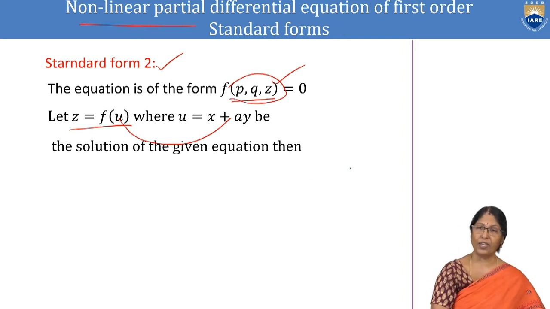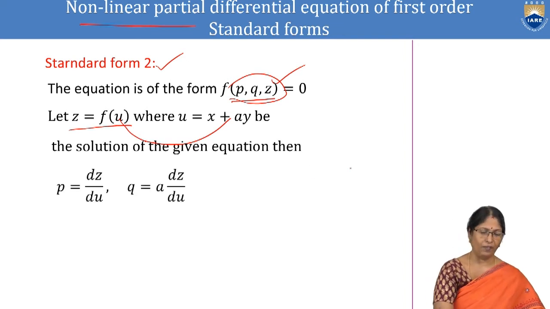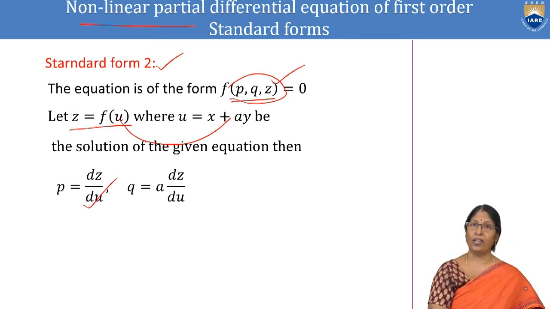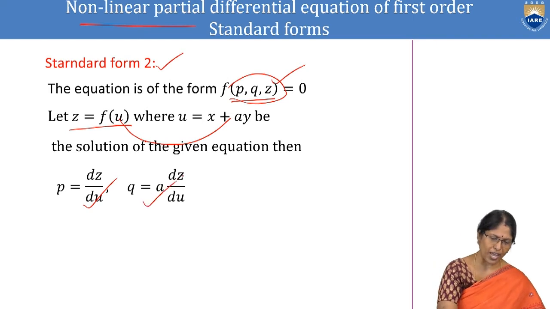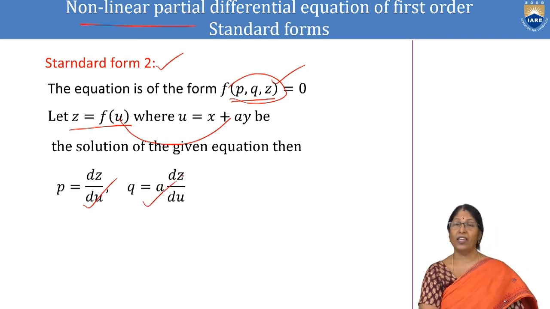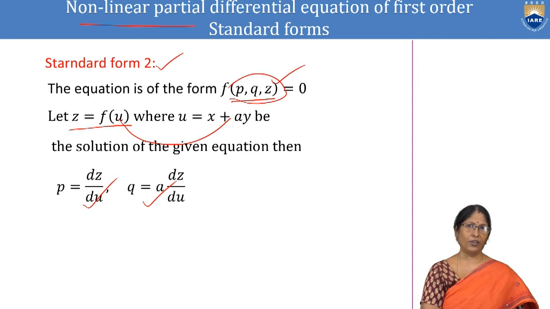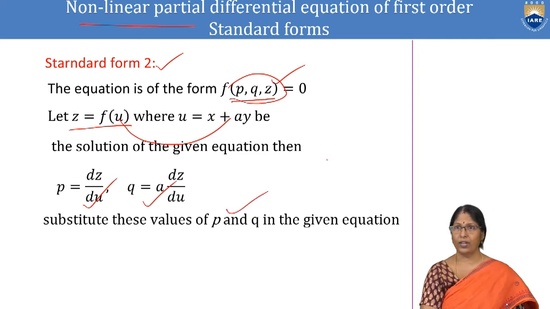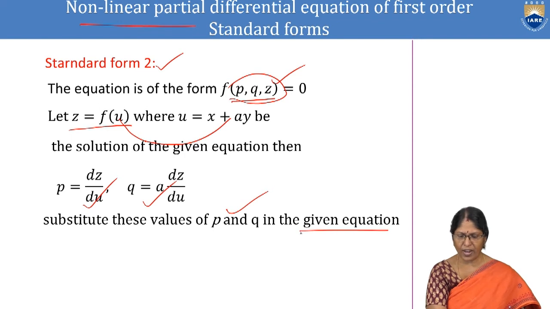The solution of the given equation is as follows. We have to replace p by dz by du, and replace q by a into dz by du. Substitute these values in the given equation.